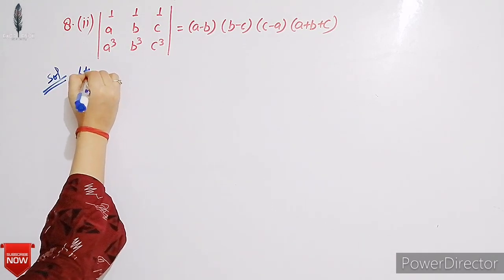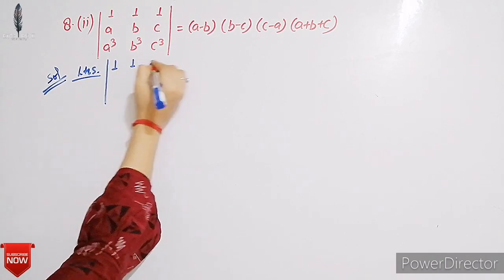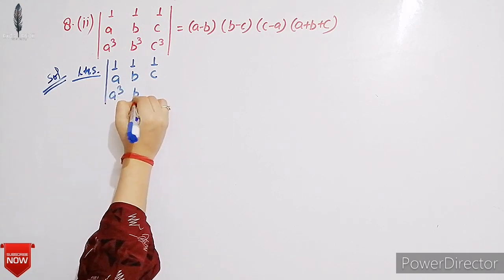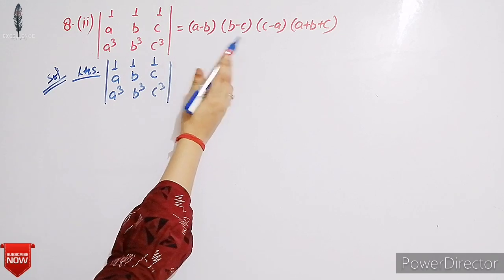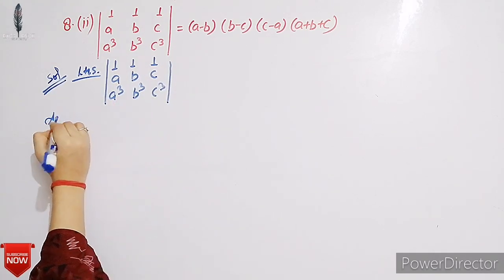Let's solve it. Here LHS part is row 1: 1 1 1, row 2 is A B C, and here A cube, B cube, C cube. Easily here we get A minus B, B minus C by subtracting the columns.